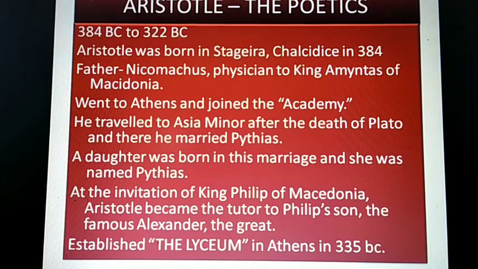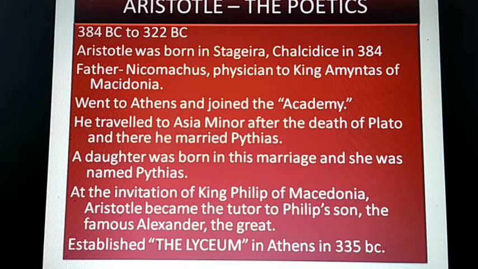Now let's look at the biographical details of Aristotle before looking at the Poetics. Aristotle is believed to have lived between 384 BC and 322 BC. He was born in Stagira in Chalcidice in 384 BC, and his father was the personal physician to King Amyntas of Macedonia.